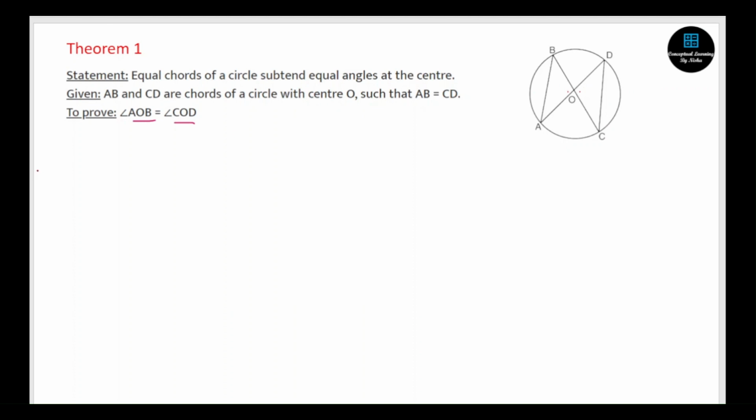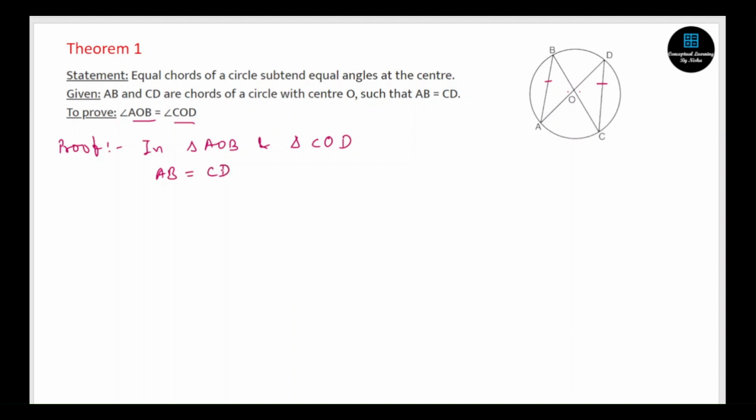Now I'll talk about two triangles: triangle AOB and, tell me, which other triangle do we have to take? Yes, it is COD. Now, what can I say about AB and CD? Yes, they are equal.